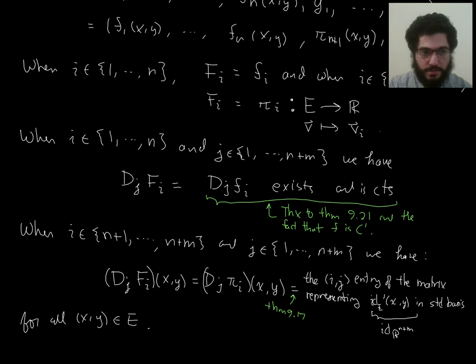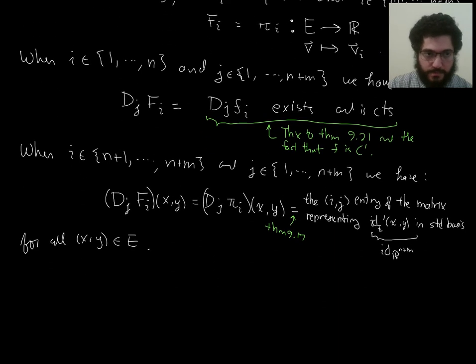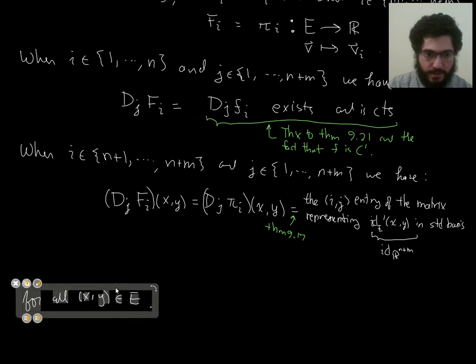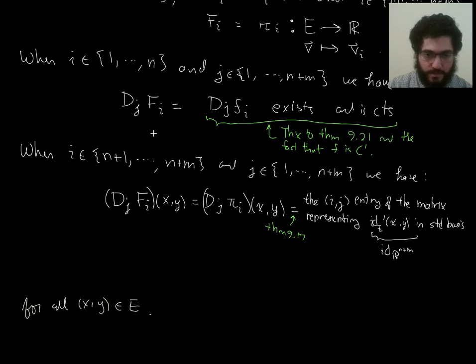So then what we're getting is the ij entry of the identity matrix, the matrix representing the identity in the standard basis or whatever basis.